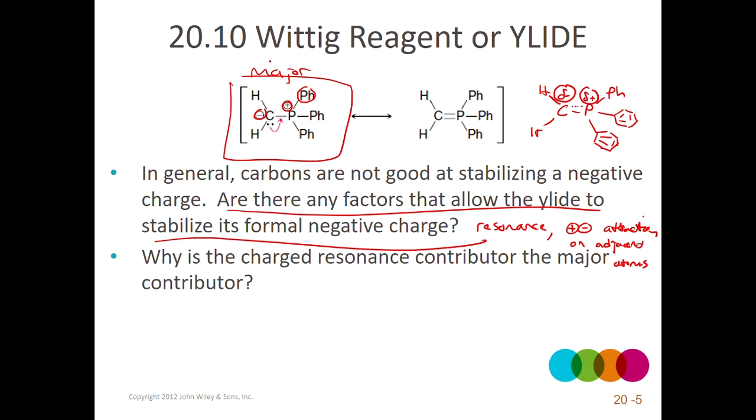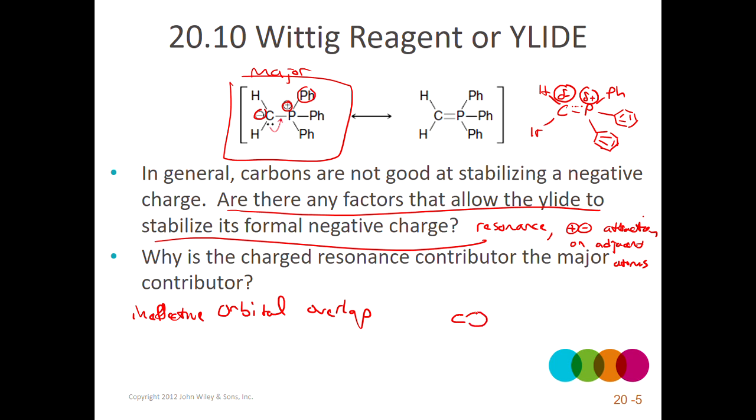So why is this the major resonance contributor? Well, the main reason for that is orbital overlap, or really ineffective orbital overlap. Anytime an element has a sigma bond with another element, it's the head-on overlap of their orbitals, right?